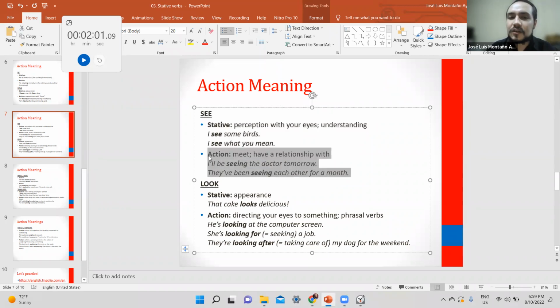But here, you can use any tense you want. Okay, you can use simple present, present continuous, simple past, past continuous, present perfect continuous, simple future continuous, anything you want. Okay, with action verbs, you can use anything you want. You can use the base form here because you can use the simple present.